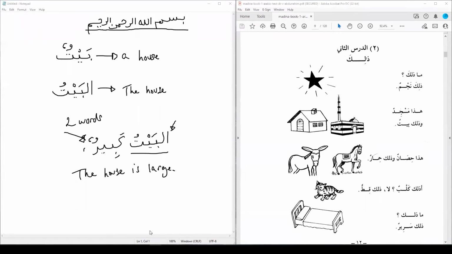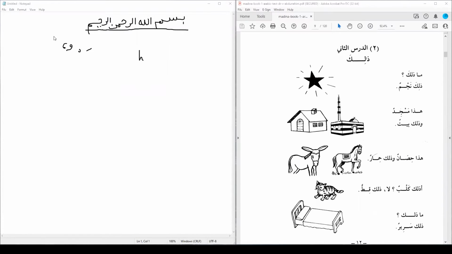We also learned about the word hadha. The word hadha, yani, it means this or this is. So we have hadha, which means this. In brackets, I'll put is over here. So if I have hadha in a sentence, for example, I say hadha baytun.